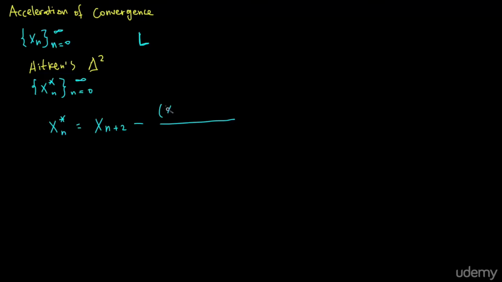At the top we have (x_{n+2} minus x_{n+1}) squared, and at the bottom we have x_{n+2} minus 2x_{n+1} plus x_n. So we now have a new process to consider.